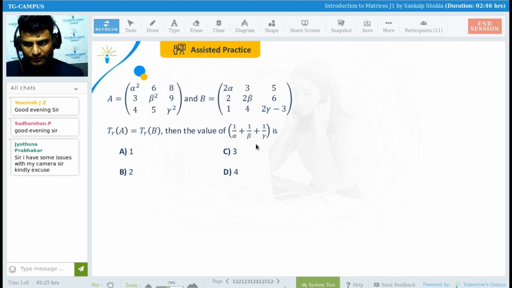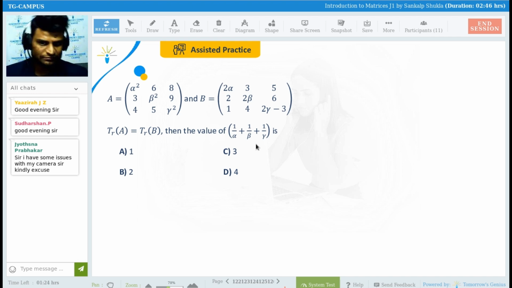Just analyze what the level of the questions is and what terms are used in them. Let me have a quick overview of what we have discussed till now: the basics of matrices and the types of matrices. That's all, and some properties also.